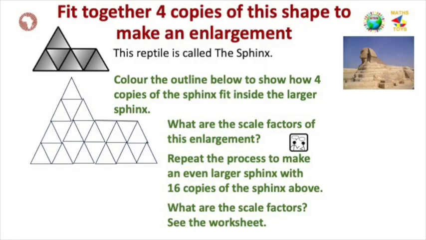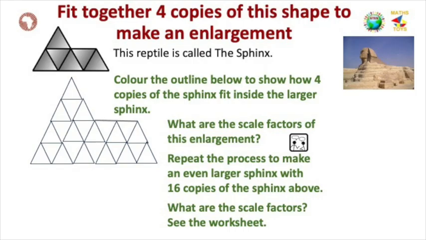Caroline. So we're back to me and my colouring in and bits of paper. So what we've got here is a reptile. That's called the Sphinx for obvious reasons. It looks like the Sphinx. I think it's very well named. It's made up of 6 triangles, and the challenge is you can do it 2 ways.